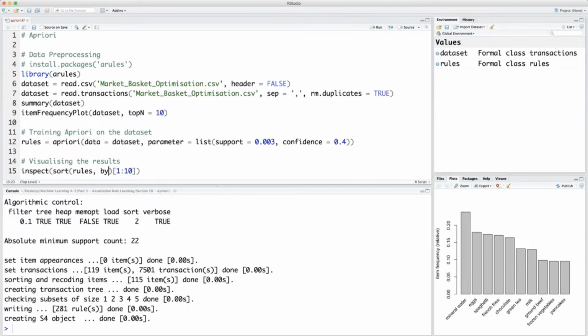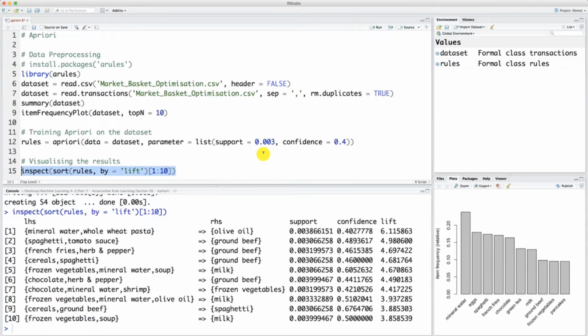And of course, we want to sort the rules by their lift. So here we'll add by equals and then lift. And we keep this 1:10 here to get the 10 first rules that have the 10 highest lifts. Alright, so that's actually ready. We are ready to visualize the results. That is to clearly see what the rules are, what the strongest rules are. Okay, so let's execute this.